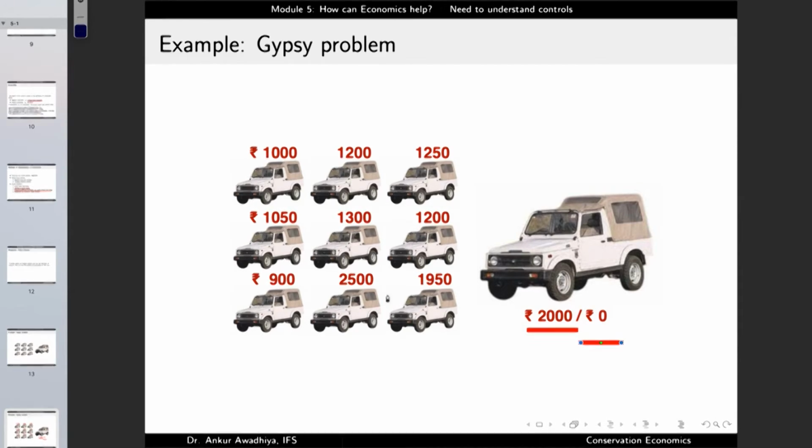There are certain gypsies that will earn more than 2000 rupees, and certain gypsies that will earn less than 2000 rupees. Suppose these are the gypsies that have been selected as part of the roster system. That is, when the NTCA says that 9 gypsies can get inside, these are the 9 gypsies that were chosen, and this gypsy was not chosen.